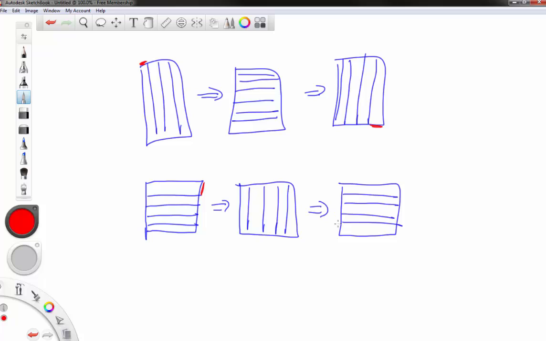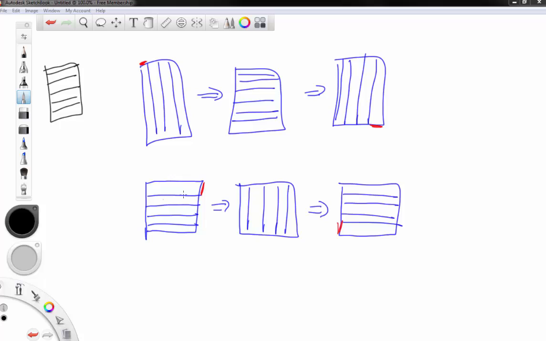Again, recall that our analyzer that everything has to get through is oriented basically like this. This is not moving at all. So we start off with nothing getting through, after 90 degrees most of the light gets through, and then after another 90 degrees you're back to nothing getting through.